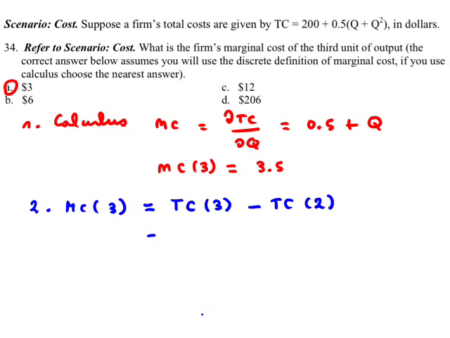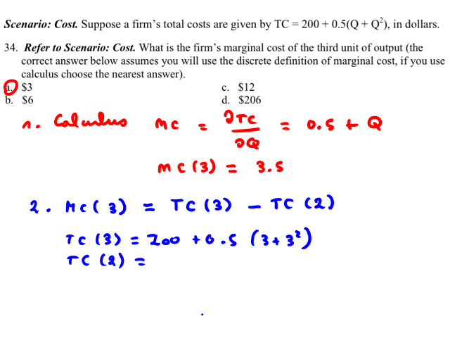We have that the total cost for 3 is equal to 200 plus 0.5 times 3 plus 3 to the power 2. And the total cost for a quantity of 2 is 200 plus 0.5 times 2 plus 2 to the power 2.